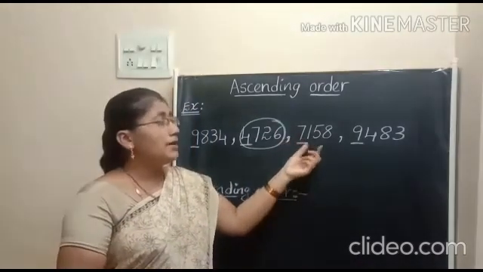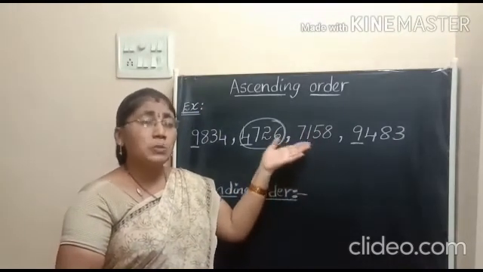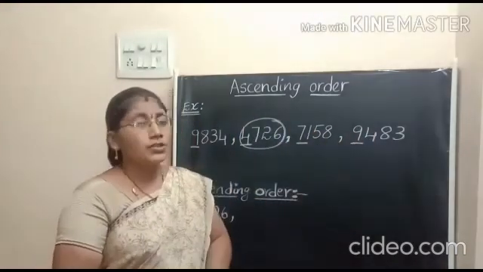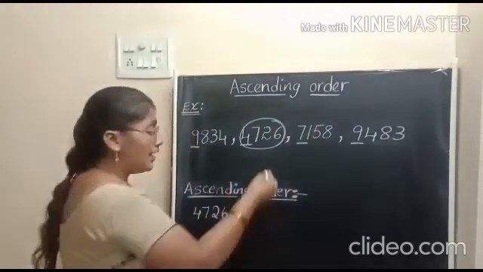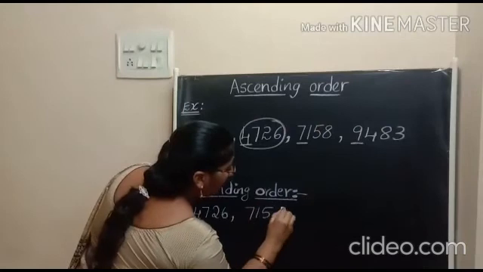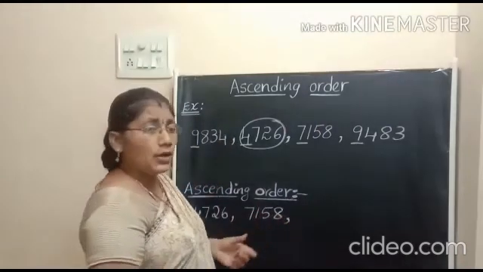So, the number starting with 7 is the smallest number by comparing these 3 numbers. So, we should write 7158 at the second position of ascending order.